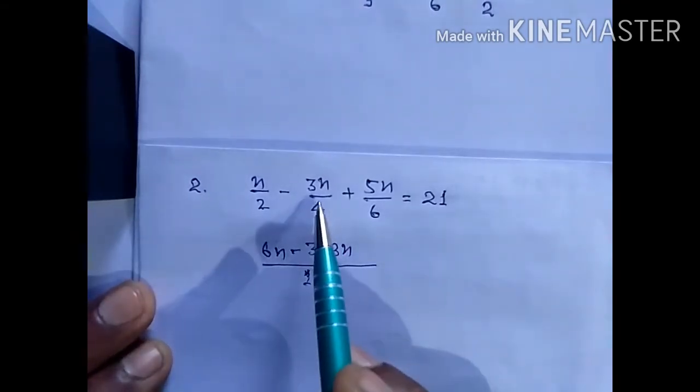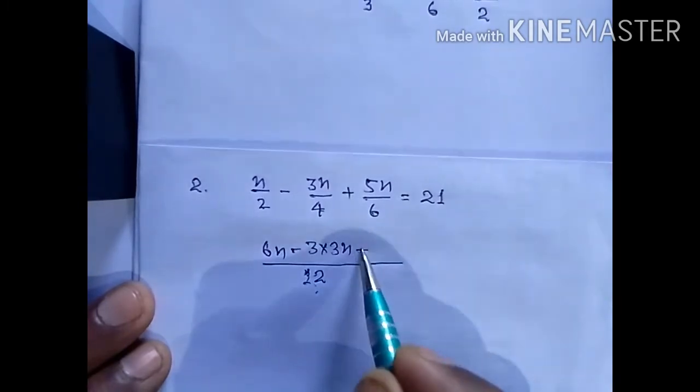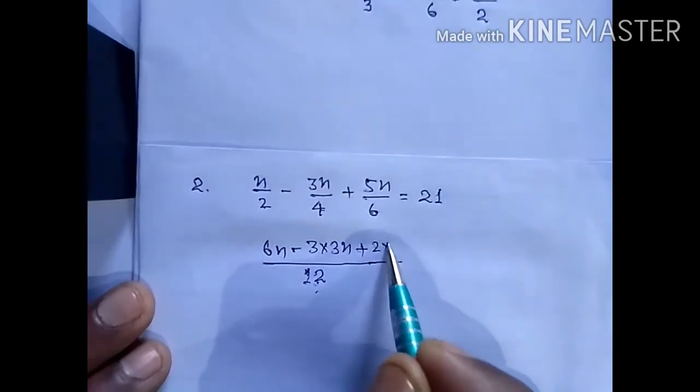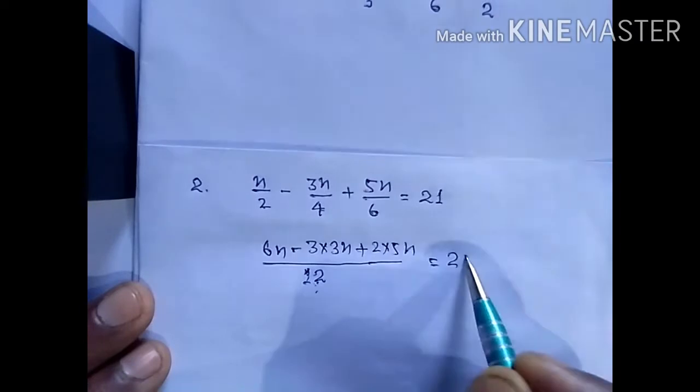And plus, 6 2s are 12, so this will be 2 into 5n is equal to 21.